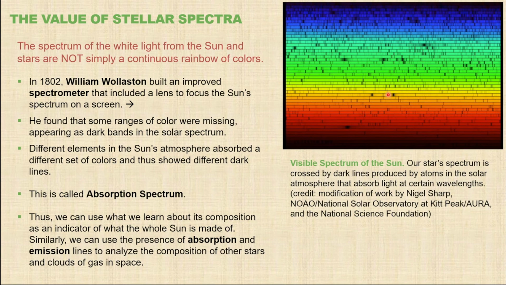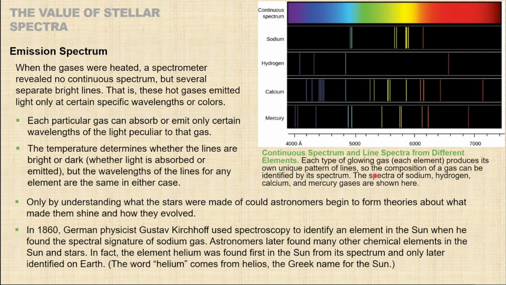So there the absorption happens, so we see dark lines. And in any heated gas, at higher temperature, the emission happens. That's why these are emission spectra. But the wavelength signature from each element is the same in either the emission spectra or the absorption spectra.